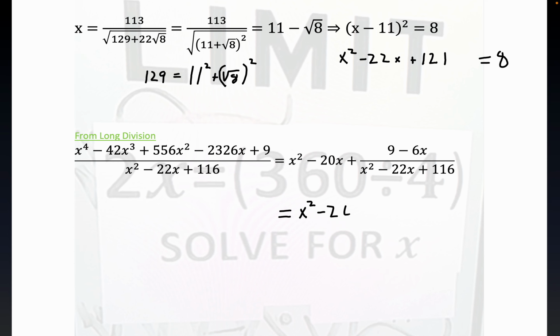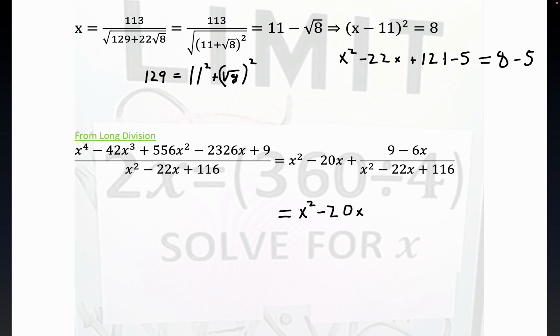Now, a nice thing happens here. Notice that if you subtract 5 from here, and 5 from here, you get that they're both equal to 3.